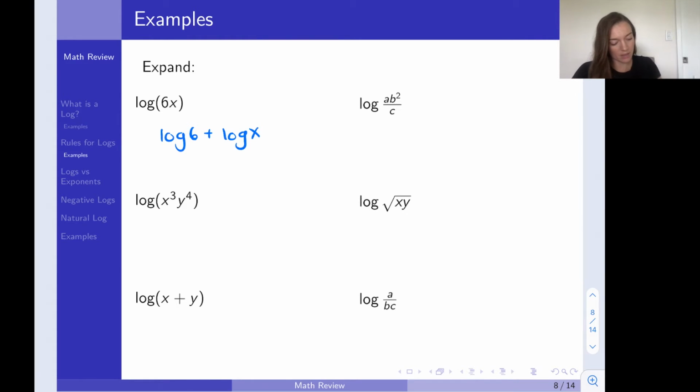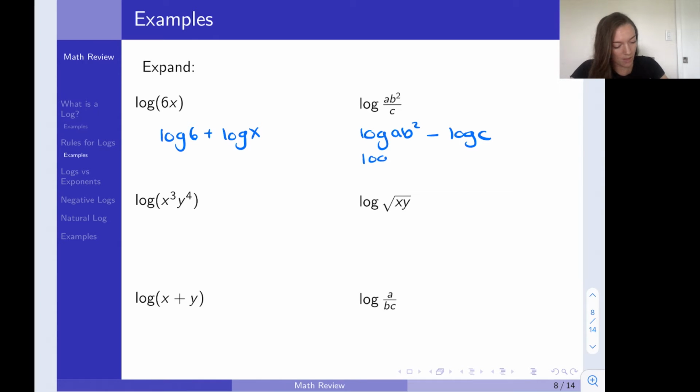All right, then log of a b squared over c. So let's break up the fraction first. So we'll do log of a b squared minus log of c. And then now we can expand this term further, since we have these 2 things multiplied.